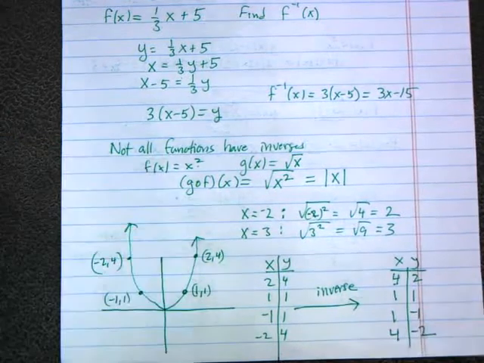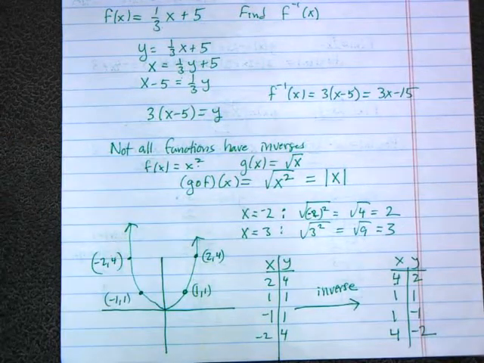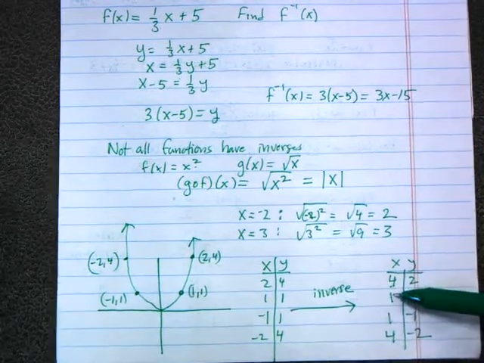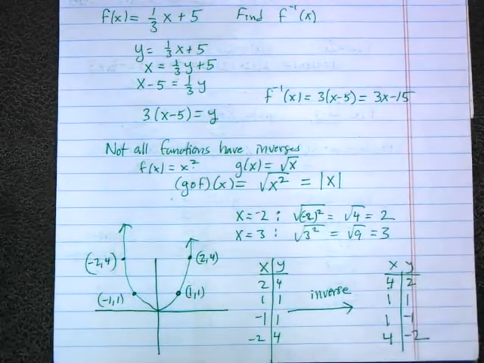Imagine if I took these points and put them in a table: 2, 4; 1, 1; -1, 1; -2, 4. And I told you, write down the table for the inverse. What does the inverse do to the x's and the y's? It interchanges them.